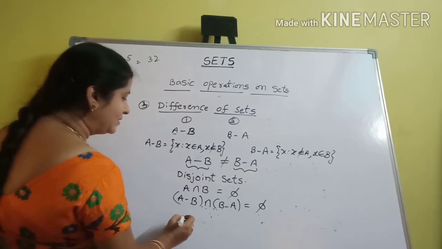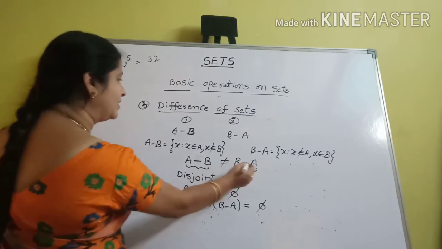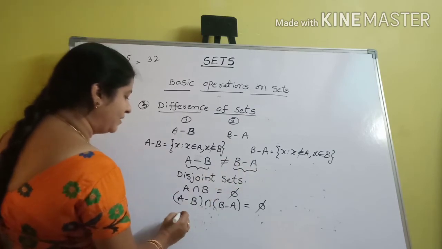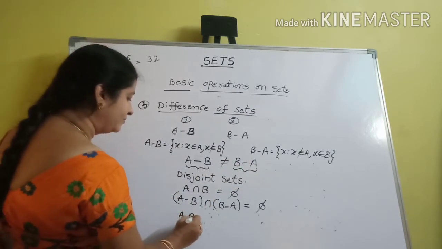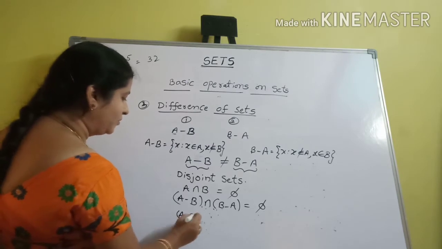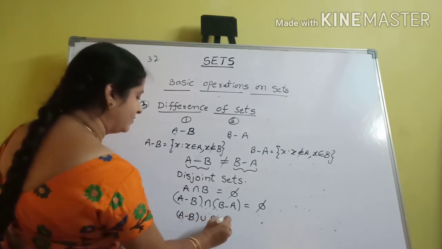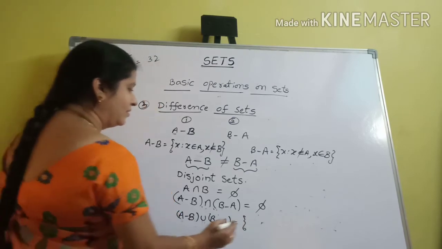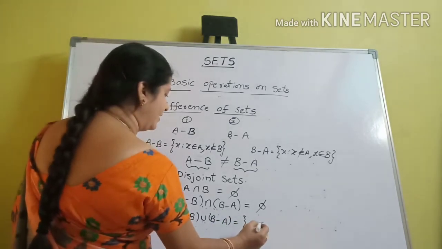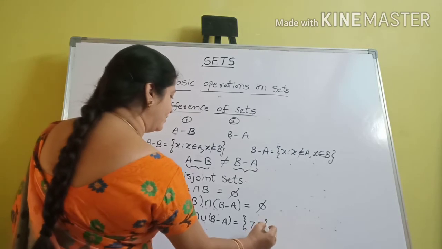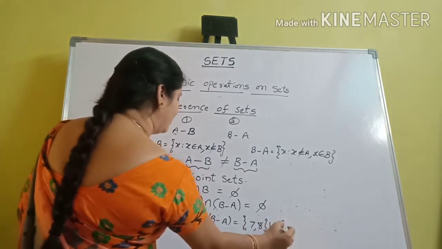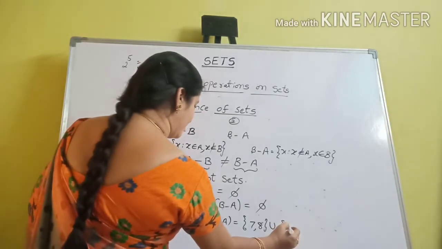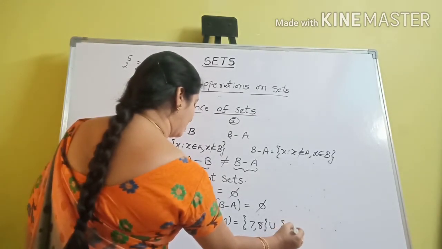Union of these sets, A minus B union B minus A. So here A minus B you got 7, 8, union B minus A you got 11, 12.